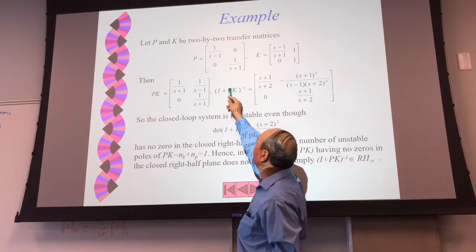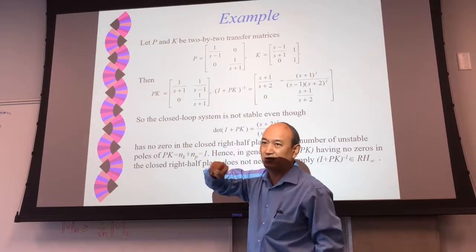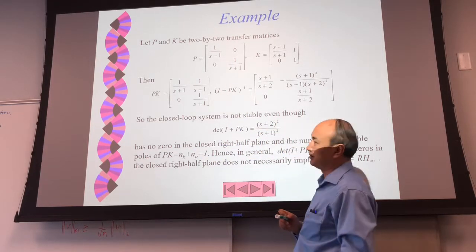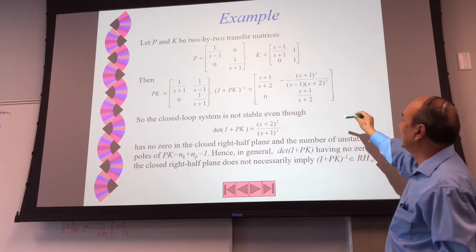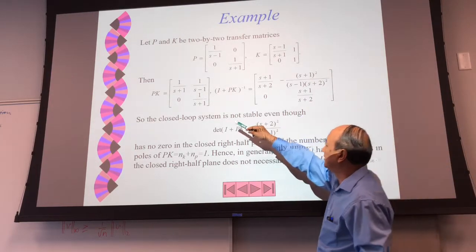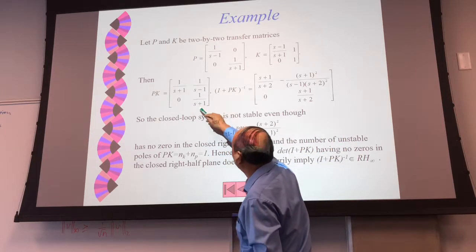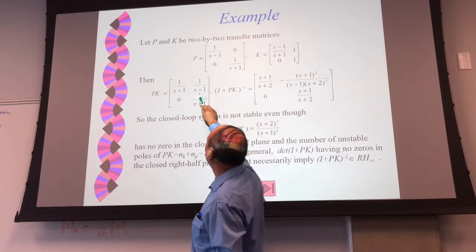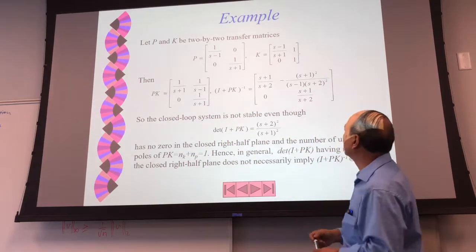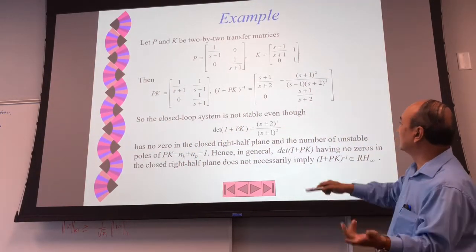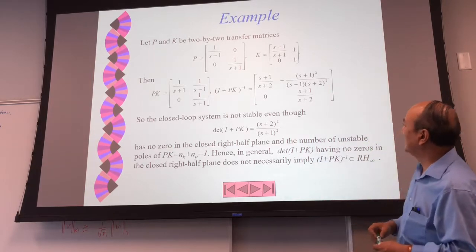This one must be non-singular. In this case, it is okay to have an inverse. You have s plus 2 here, then you invert, that's why you have s plus 2 in here. And this term is a little bit more complicated.